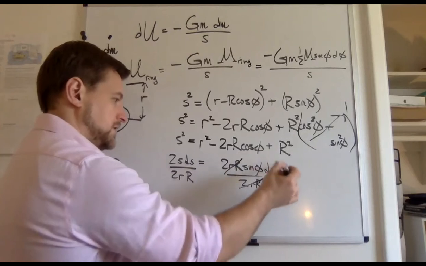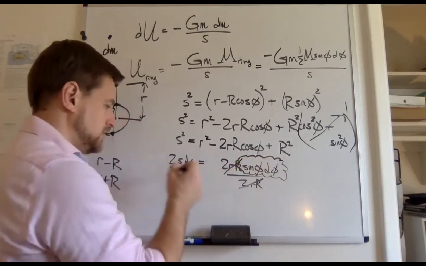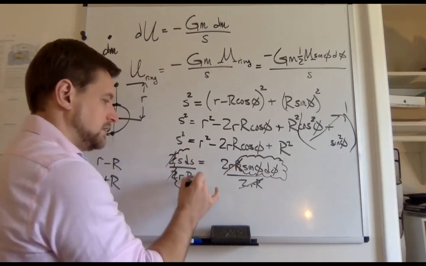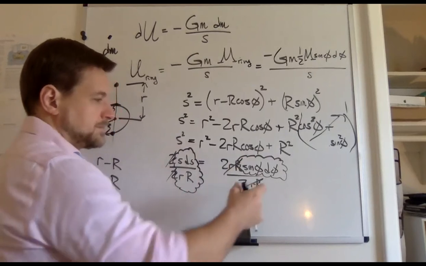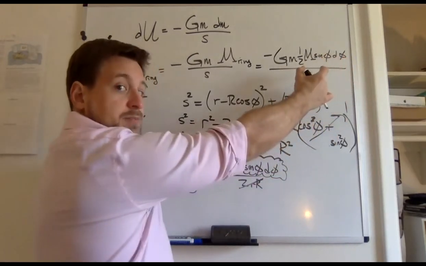So we have sine phi d phi is equal to s ds over r capital R. Sine phi d phi is that expression.